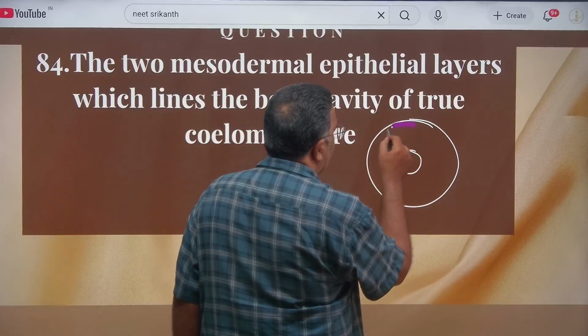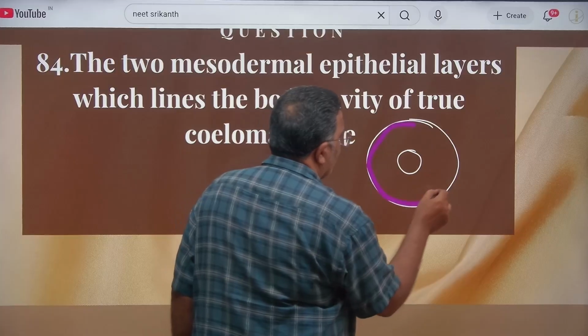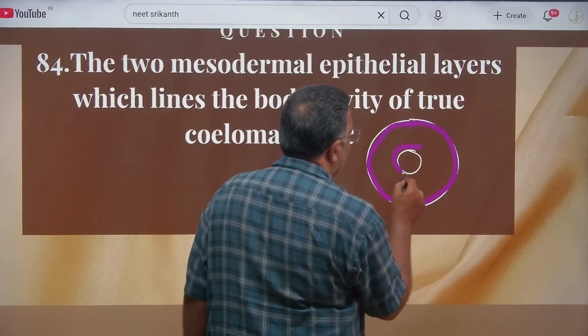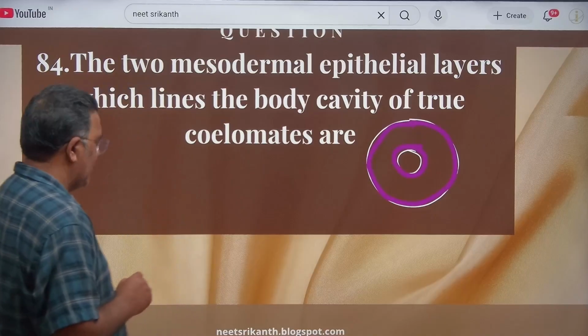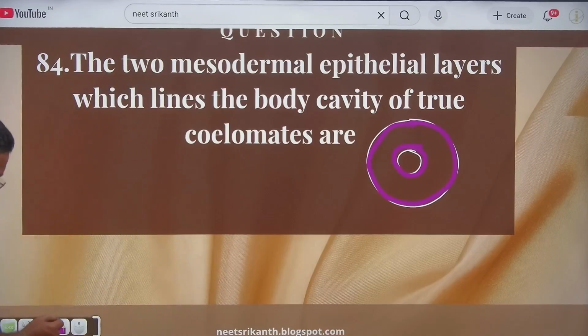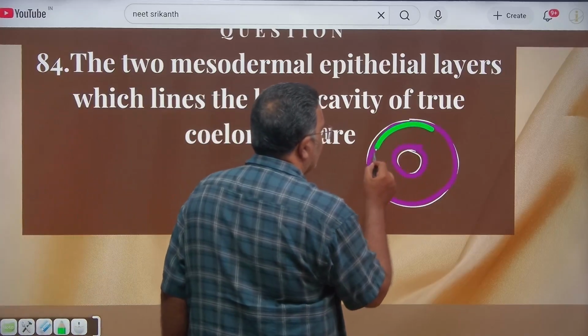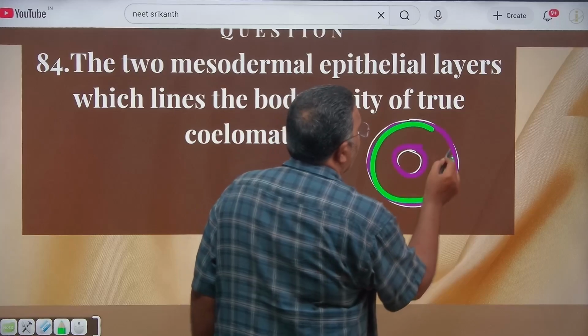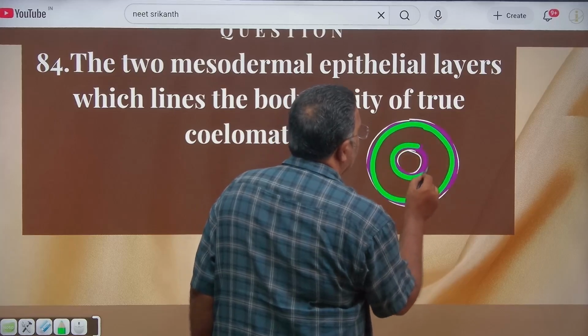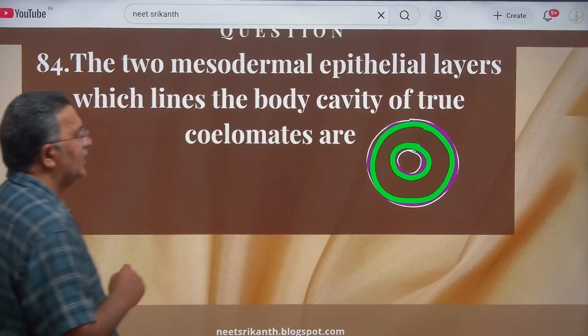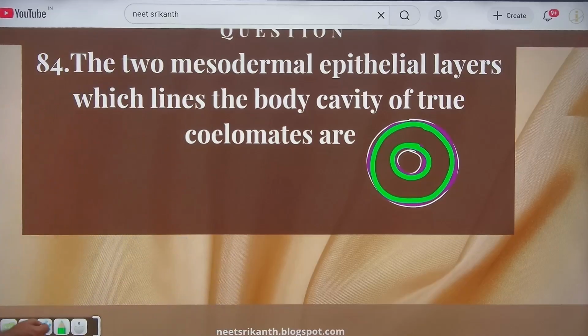Mesoderm went to the ectoderm side, mesoderm went to the endoderm side.